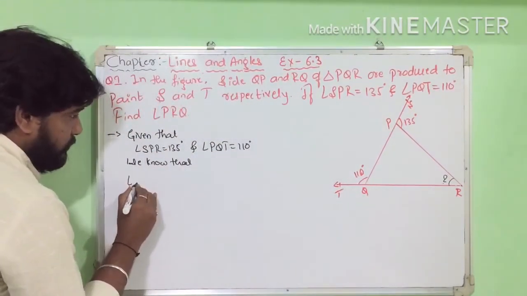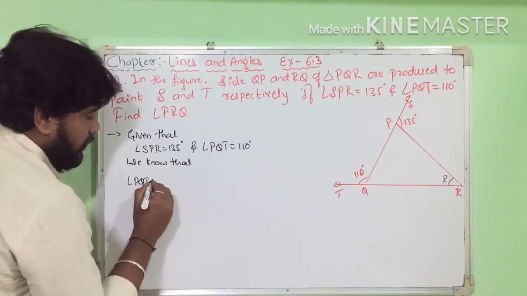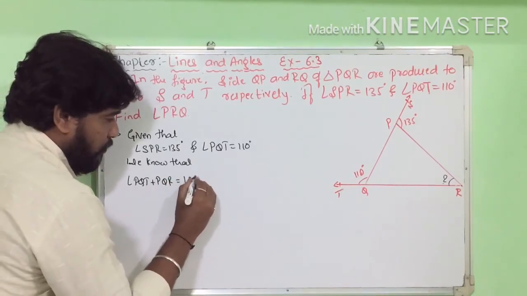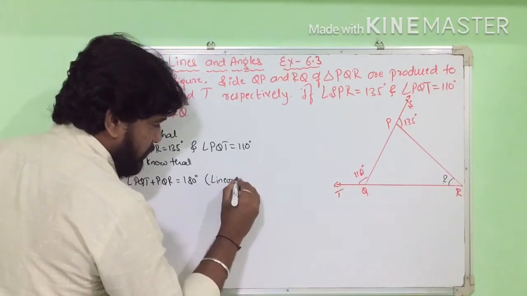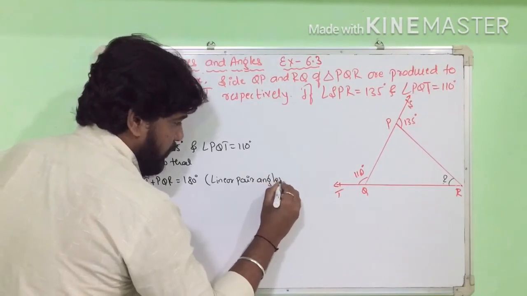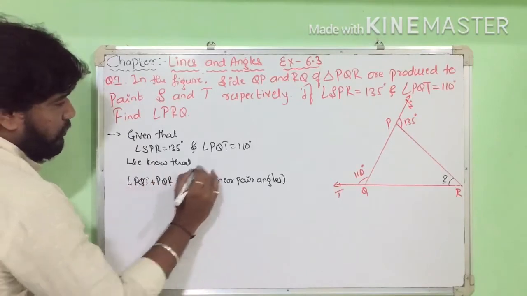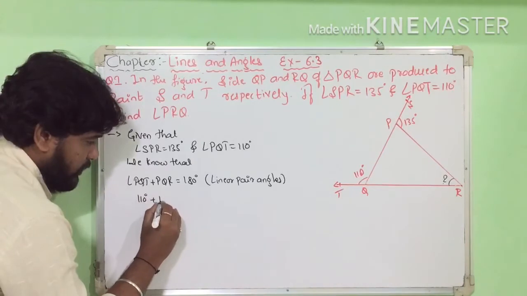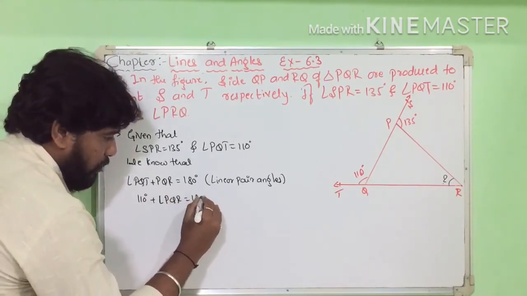Angle PQT plus angle PQR is equal to 180, a linear pair. Linear pair angles, and we already know that angle PQT is 110, plus angle PQR is equal to 180.